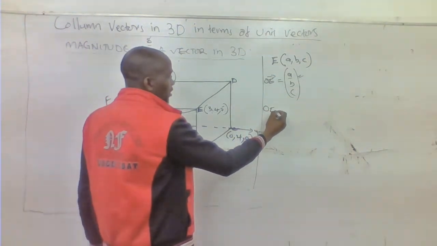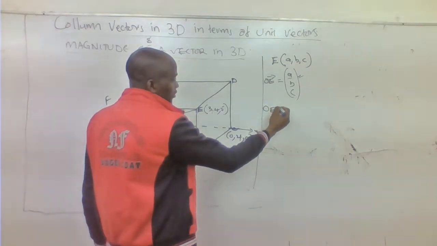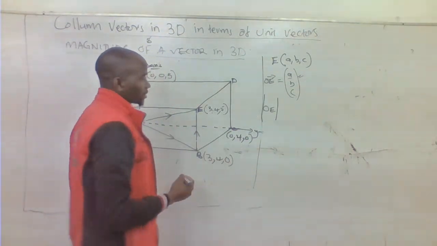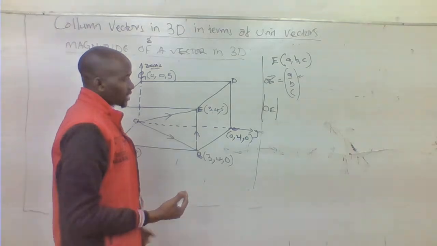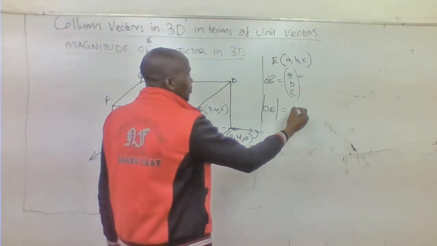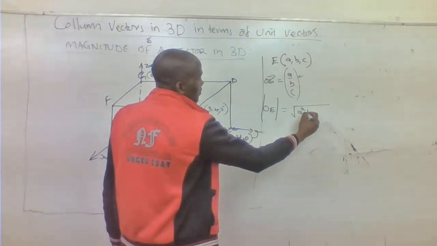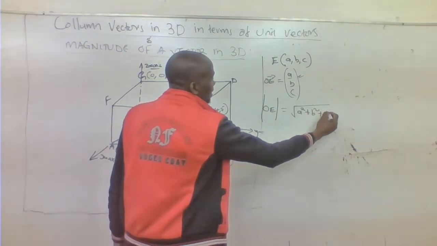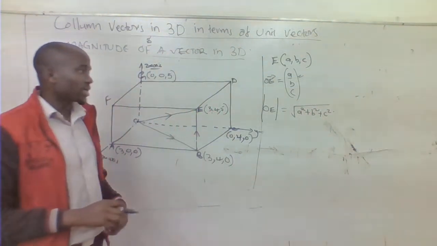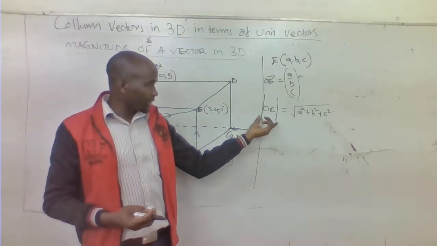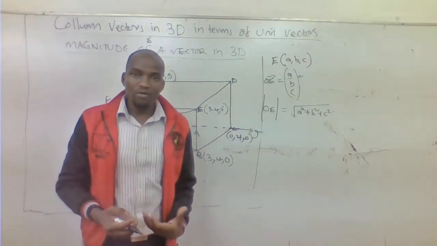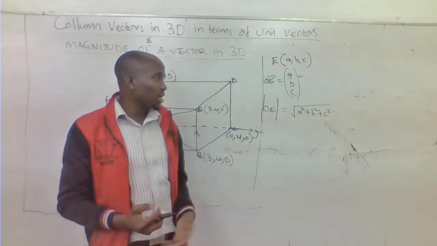Then the magnitude of OE, we write the modulus like this, will be given by the square root of a squared plus b squared plus c squared. And this is how we find the magnitude of a given vector in 3 dimensions.